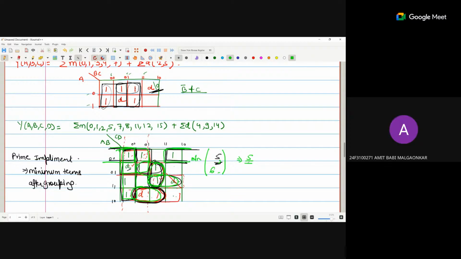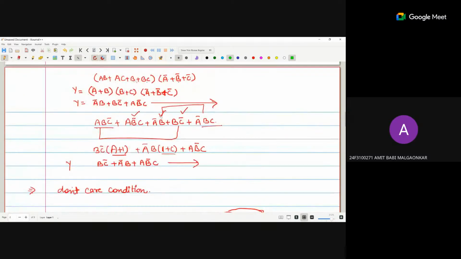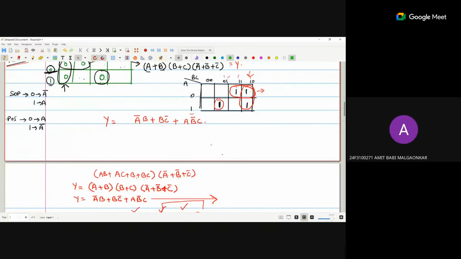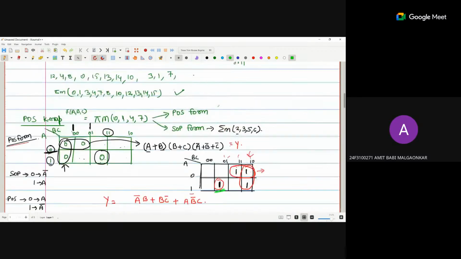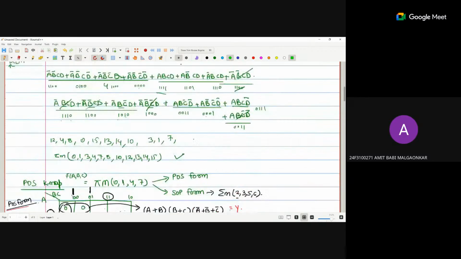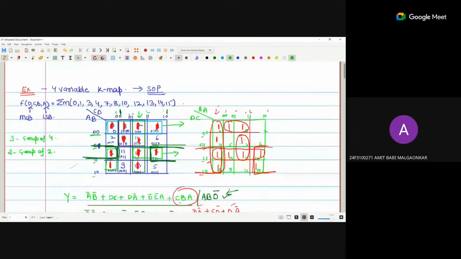Sir, in one of the earlier ones, we had one single term which was different. Yes, this one. Here only the last term is different; we get different terms, but the number of prime implicants is five.